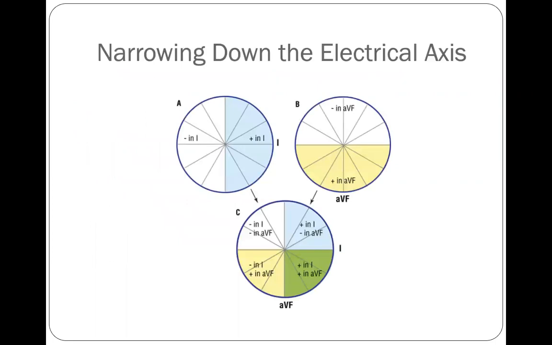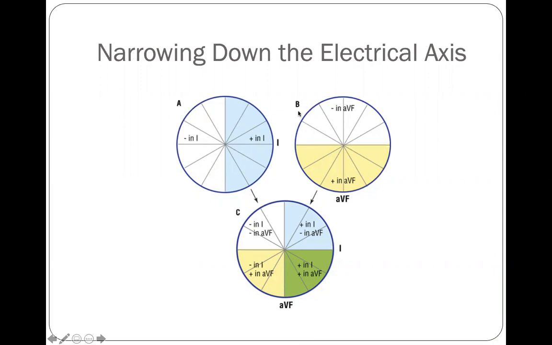So when we look at this cartoon here, looking at cartoon A, lead 1, then the blue portion of this circle would make lead 1 positive, and the white portion of this circle would make lead 1 negative.